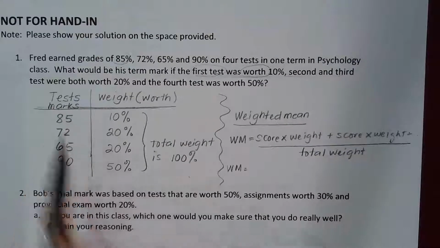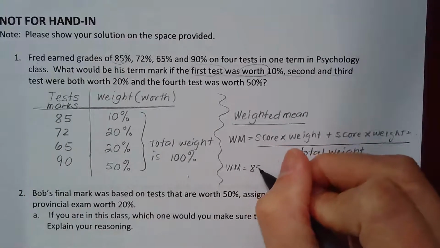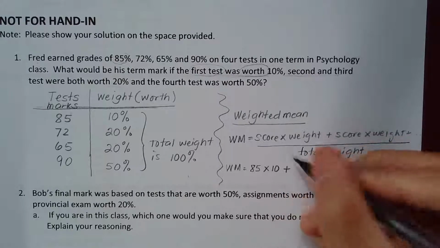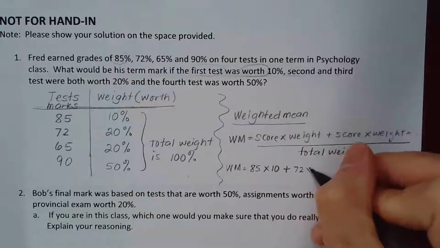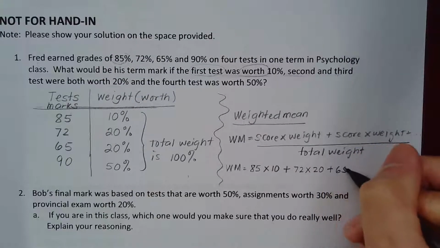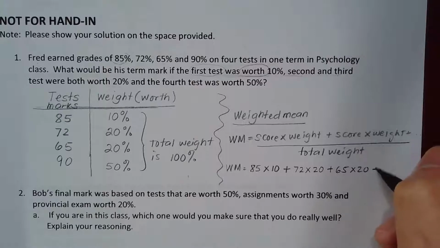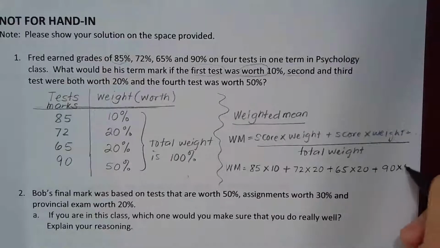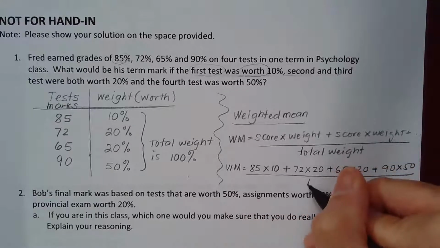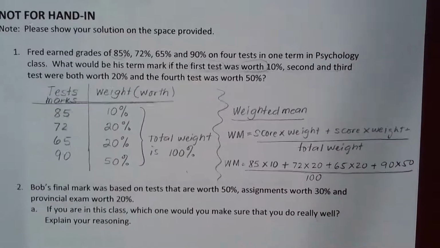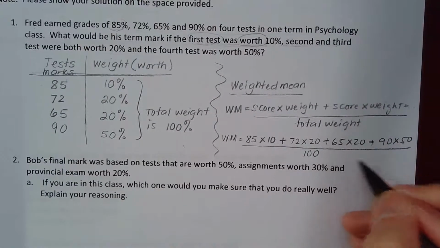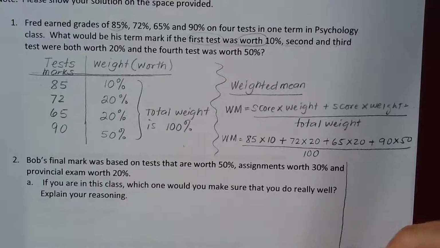So these are the scores, what they got on the test. It's going to be 85 times what it's worth, 10%, plus 72 times what it's worth, 20, plus 65 times 20, plus 90 times 50, divided by the total weight of 100. I'm just running out of room, so I'll continue on right there.